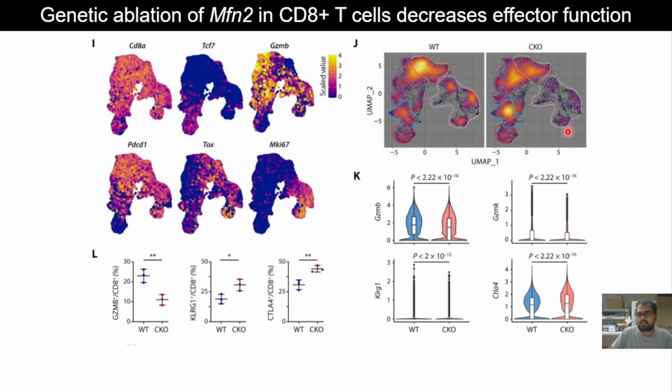Other markers were also used, and overall they have shown that genetic ablation of MFN2 in CD8 T cells decreases the effector function of these cells.